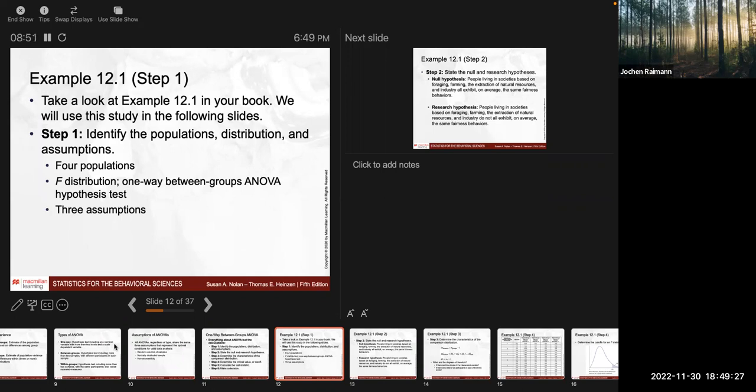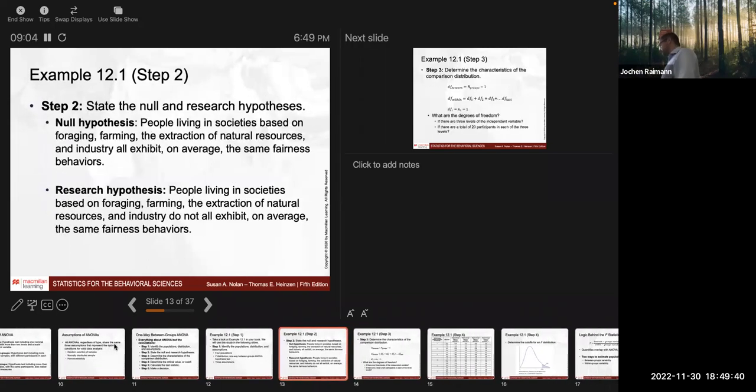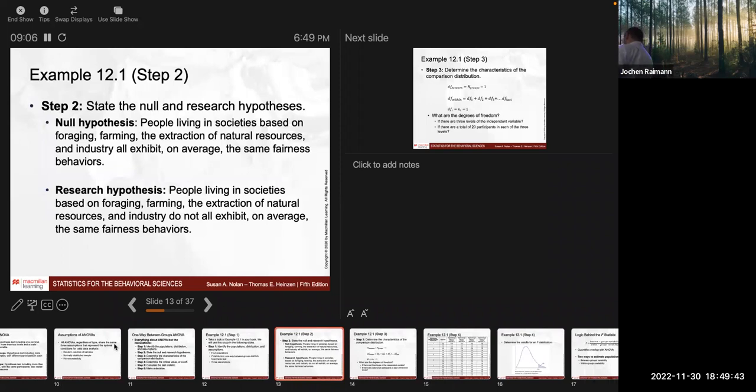We're formulating the 3 assumptions, which are random samples, normal distribution, and homoscedasticity. We formulate the null hypothesis that on average, all are the same, and the research hypothesis that at least one will be different from another society.